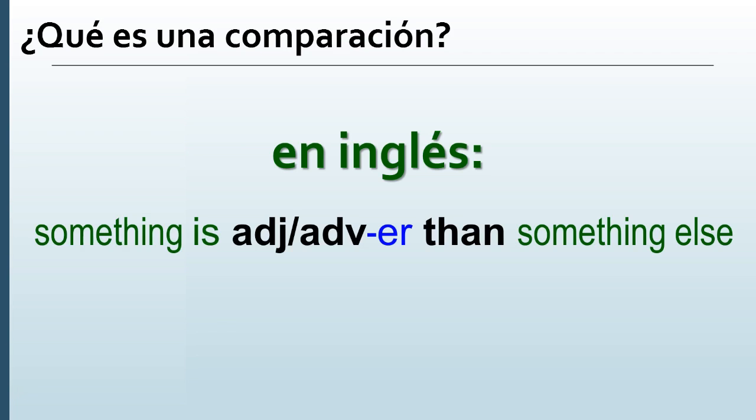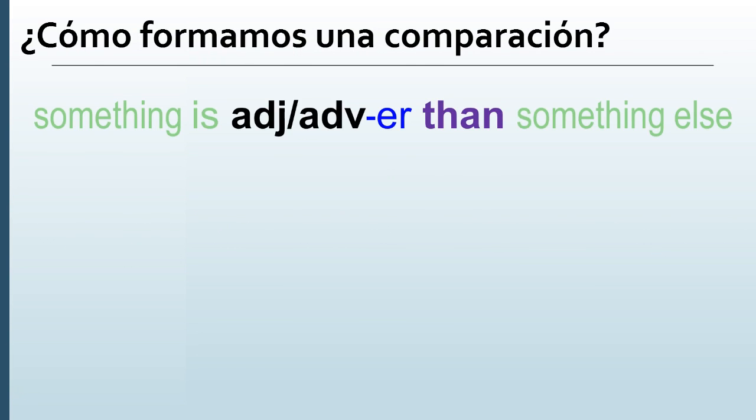But the idea is something is either adjective or adverb than something else. So what does that look like in Spanish? Again, we have something is adjective, adverb, that's the comparison right there, than something else.